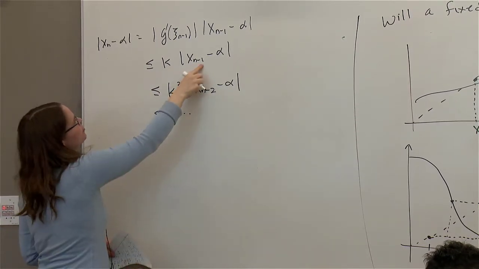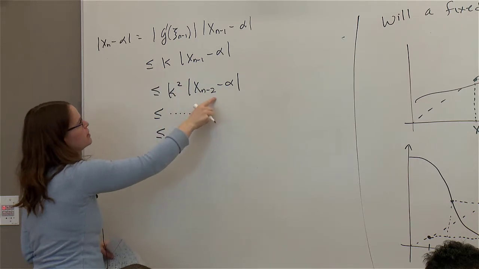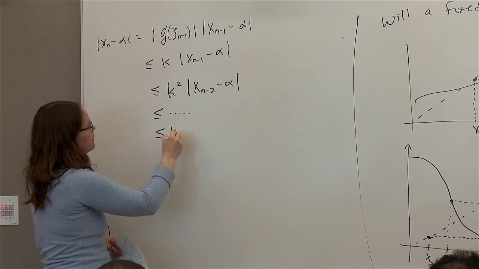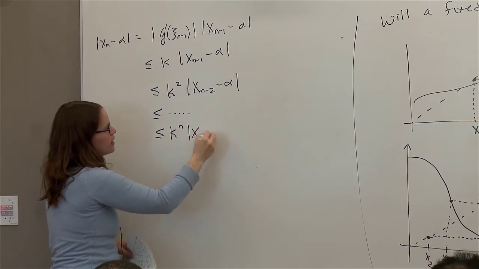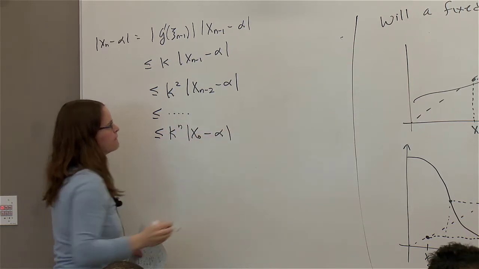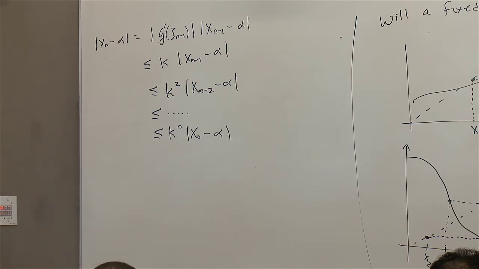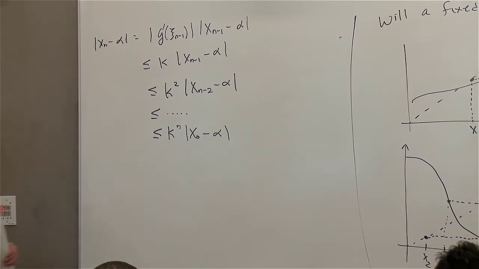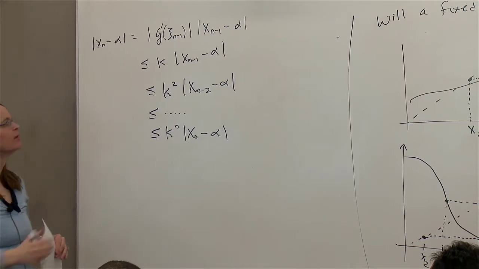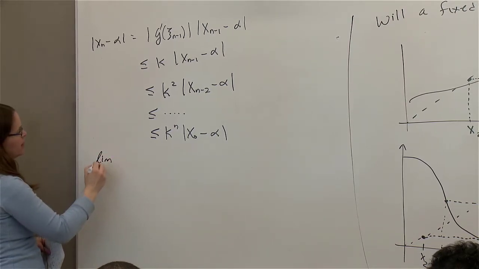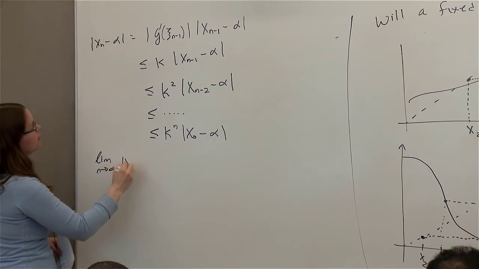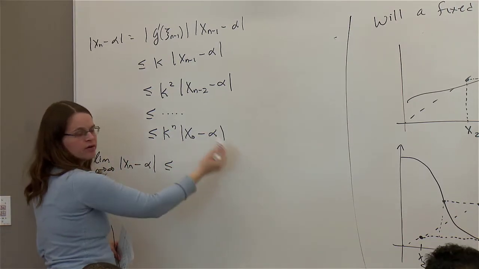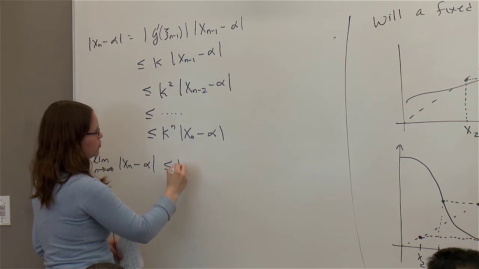So when I had an n minus 1, I had k to the 1. When I had an n minus 2, I had k to the 2. So I'm going to have k to the n times x naught minus alpha. And now, of course, I care what happens as n goes to infinity. So if I want to look at my error as n goes to infinity, well, it's going to be bounded by whatever this does as n goes to infinity.